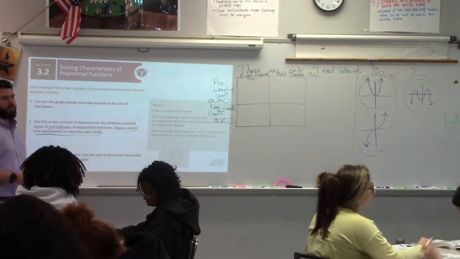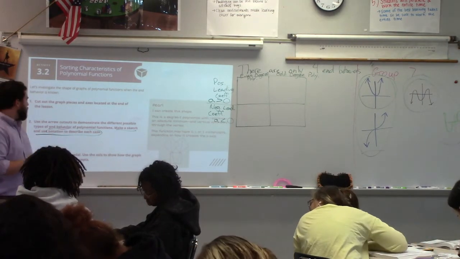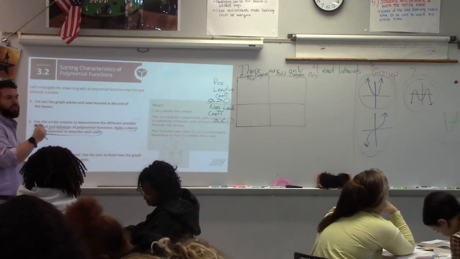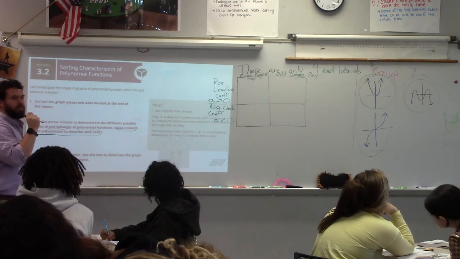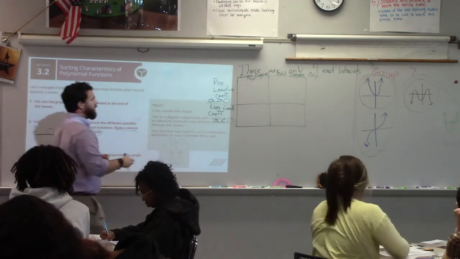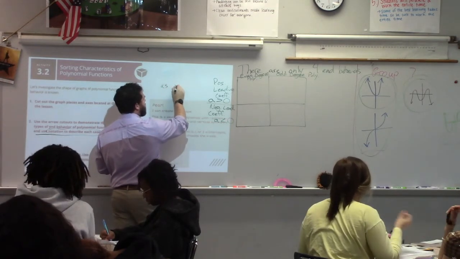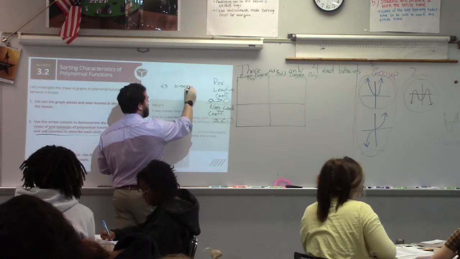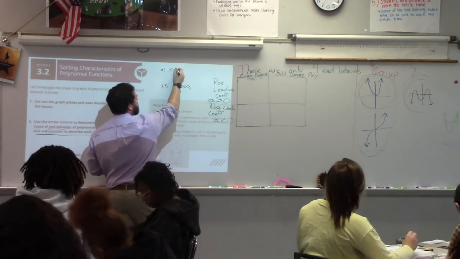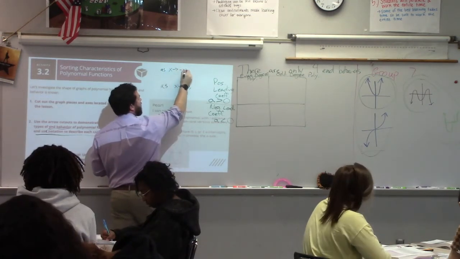So what are they referring to? Once we sketch it out, what are we going to put inside of there? As x goes towards infinity, blank, and as x goes towards negative infinity.